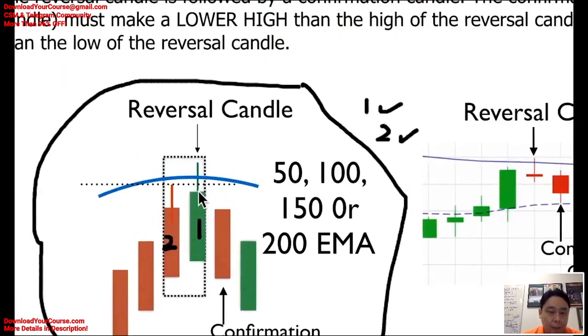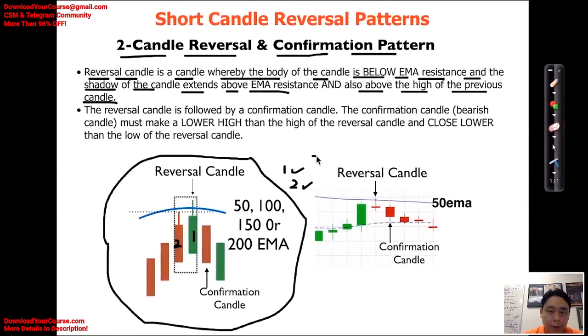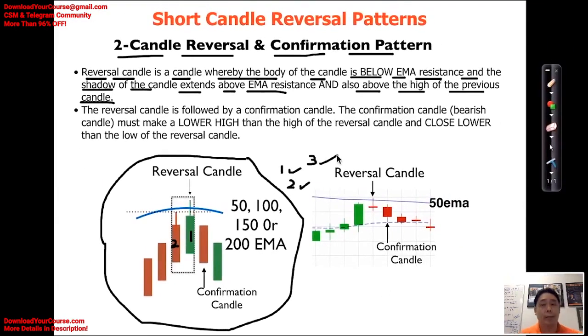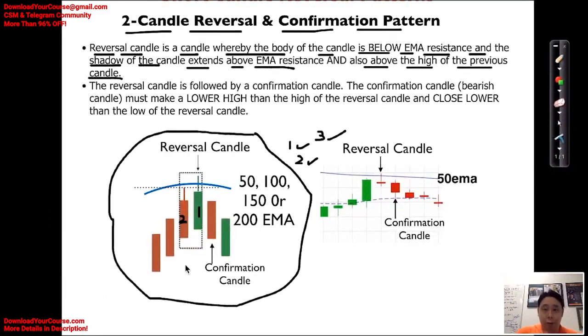Now, where's the previous day's candle? Here. That's the high of the previous day's candle, shown by this dotted line, which I have drawn. Imagine there's a dotted line. So the upper shadow of the reversal candle has to cut the dotted line. Criteria 3, check.